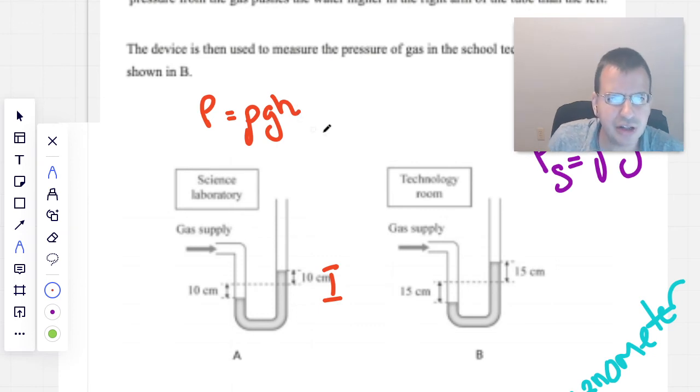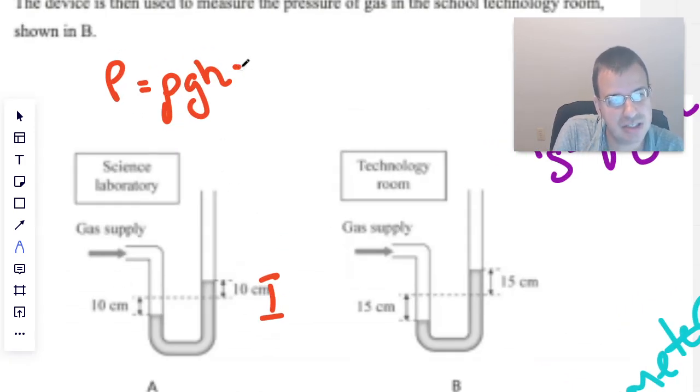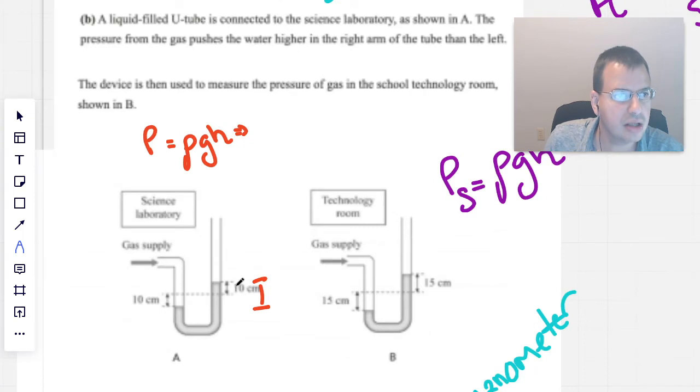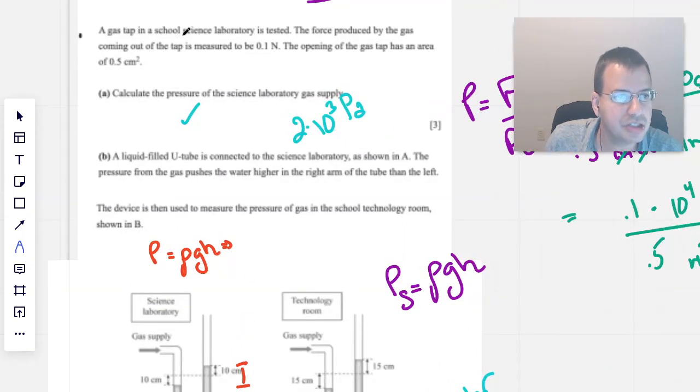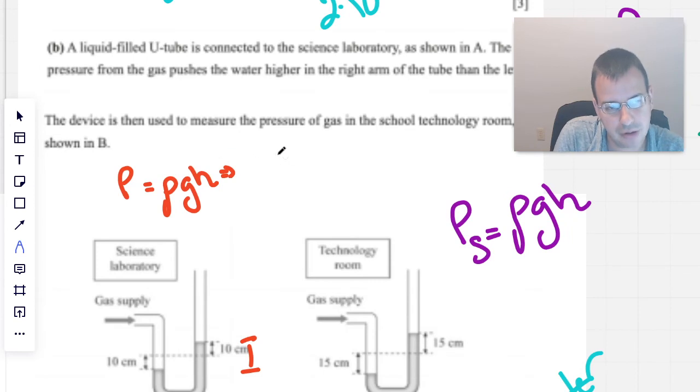Now they do tell us it's water. We're going to go with this. So the density then is going to be, let's see what happens.